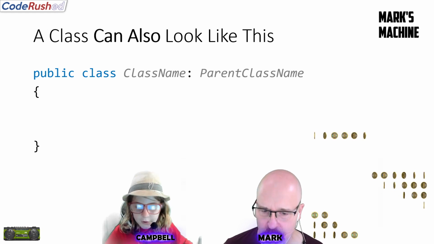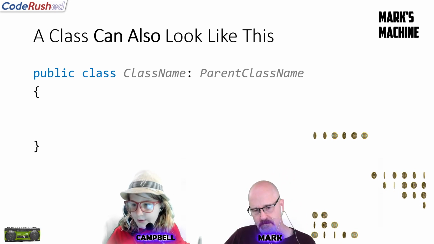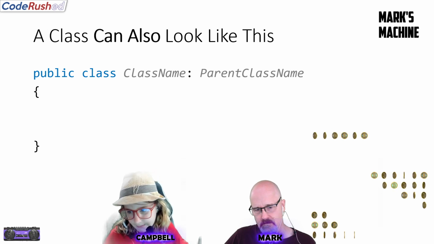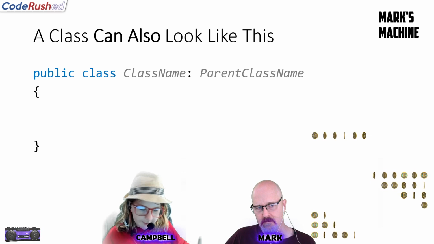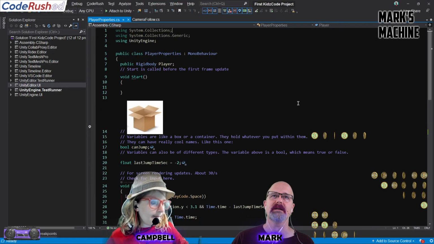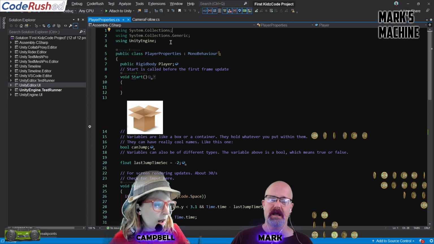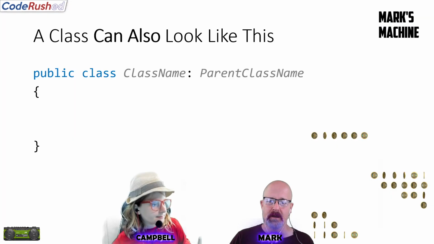So in all of our code that we've written here, it's public class, whatever the script name is, and then MonoBehaviour is the parent. It descends from MonoBehaviour. Here's a class called PlayerProperties that descends from MonoBehaviour. Okay? All right.